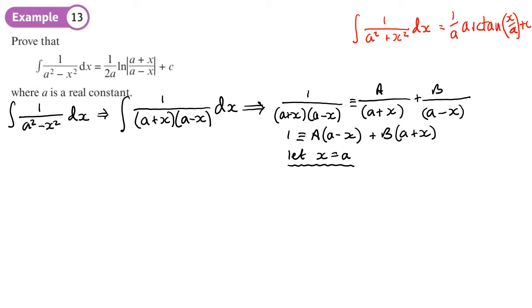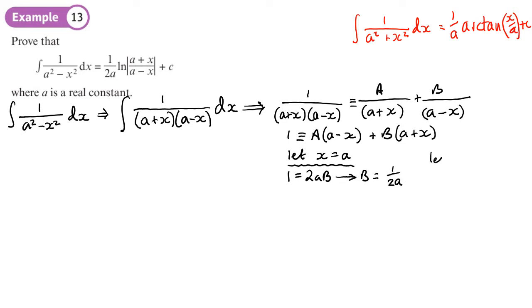So if we make x equal to a, we'll have 1 is equivalent to, now this will disappear, this will become 2a. So I'll have 1 equals 2aB, which means B equals 1 over 2a.